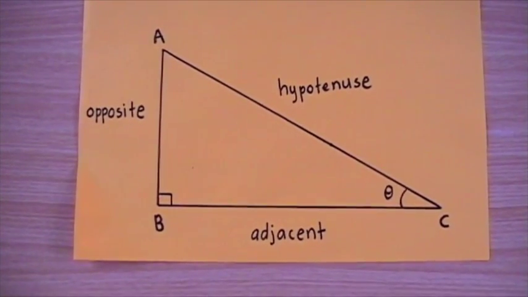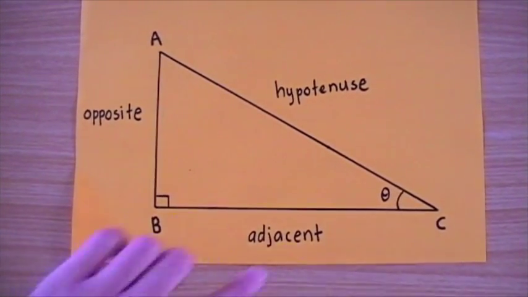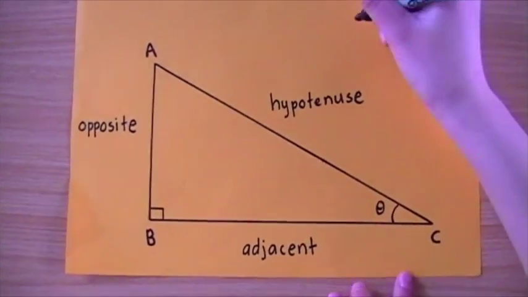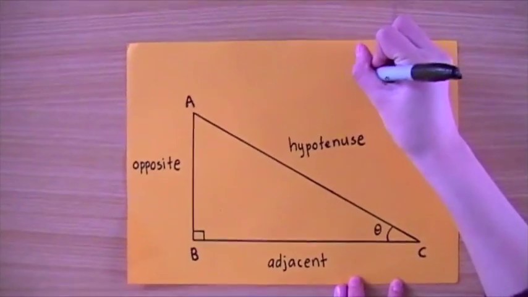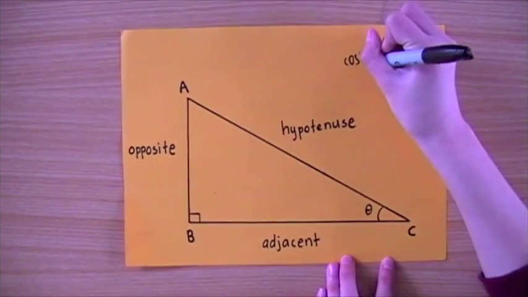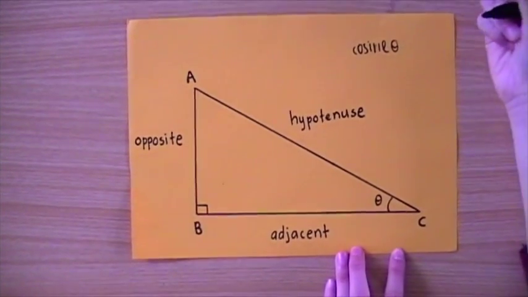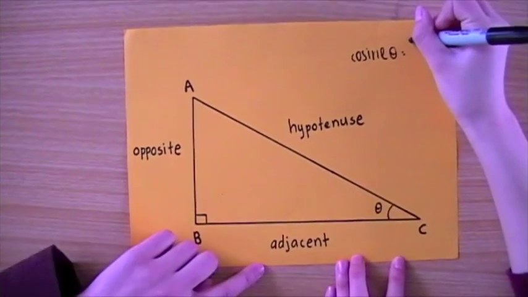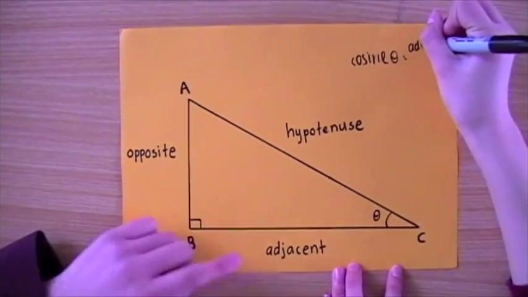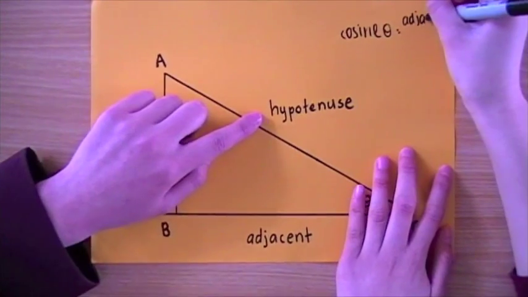The trigonometric ratio of cosine for theta is cosine theta equals the adjacent side over the hypotenuse.